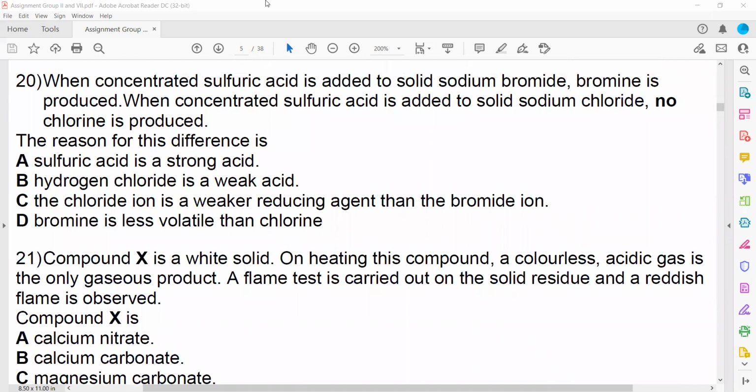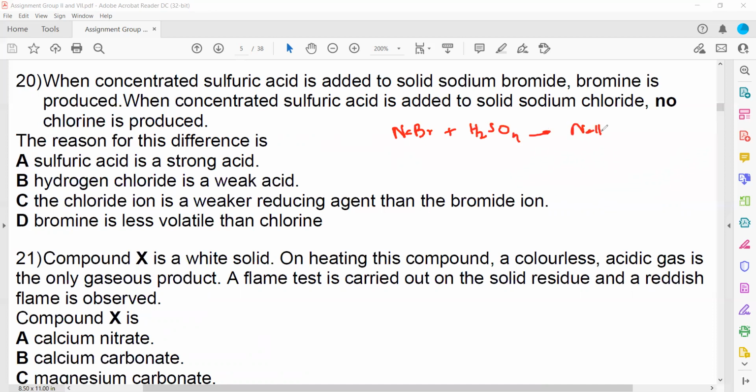When concentrated sulfuric acid is added to sodium bromide, bromine is produced. When concentrated sulfuric acid is added to solid sodium chloride, no chlorine is produced. What is the reason? When sodium bromide reacts with sulfuric acid, first there's an acid-base reaction.